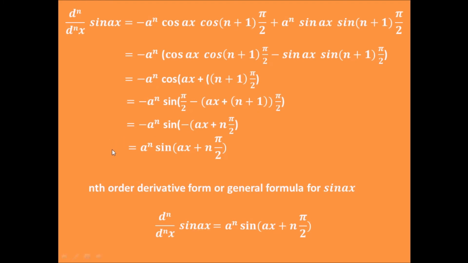And finally, we can get the nth order derivative of the sine ax function equals a to the power of n times sine of (ax plus n pi divided by 2).